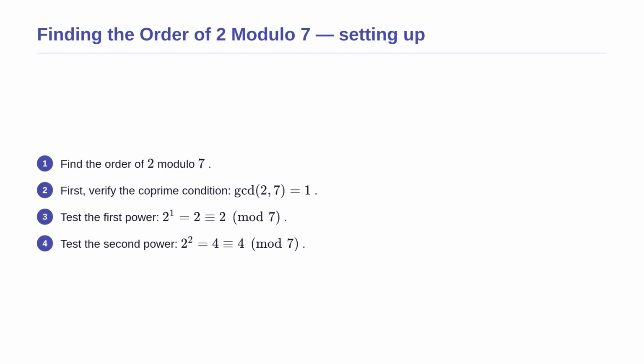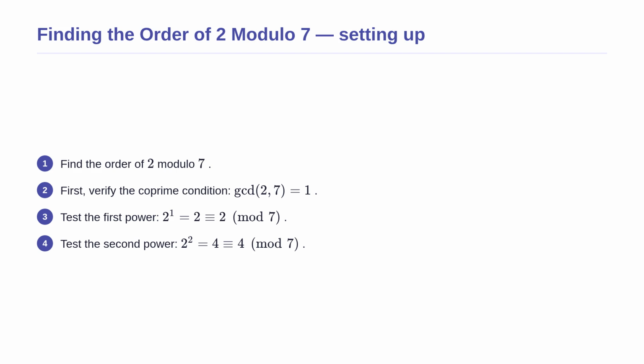Before we move on to any complex proofs, let us see this formula in action with a concrete example. We want to find the order of the integer 2 modulo 7. This means we are looking for the smallest positive power k such that 2 raised to the power of k leaves a remainder of 1 when divided by 7. First, we must check if 2 and 7 are co-prime.